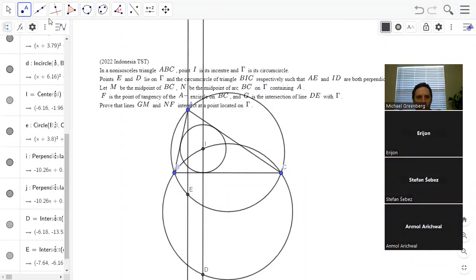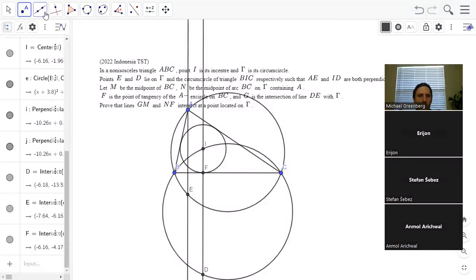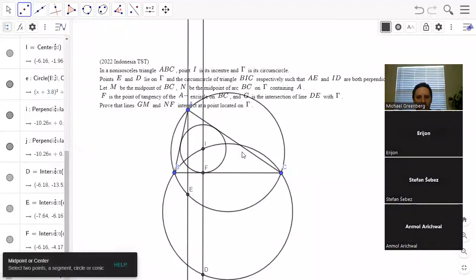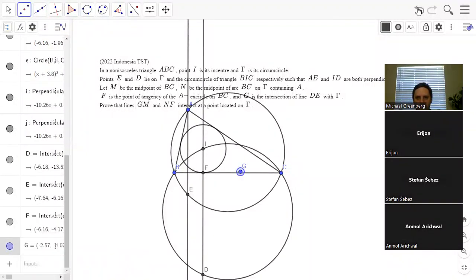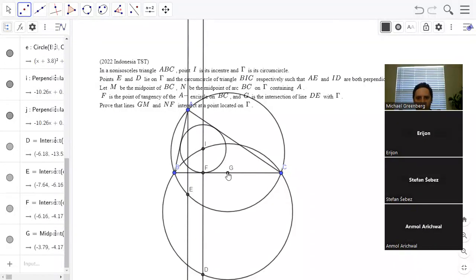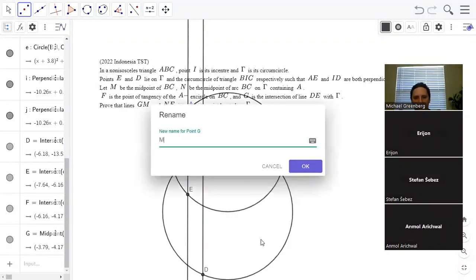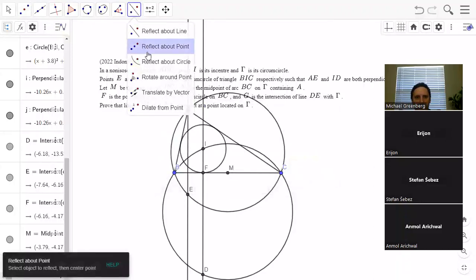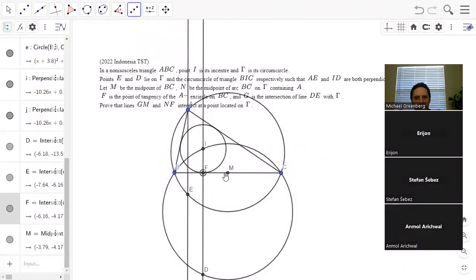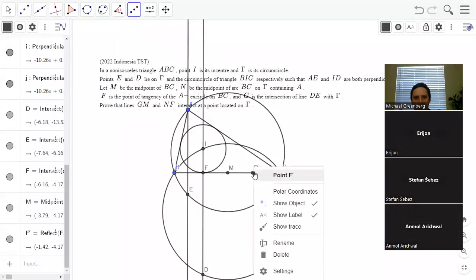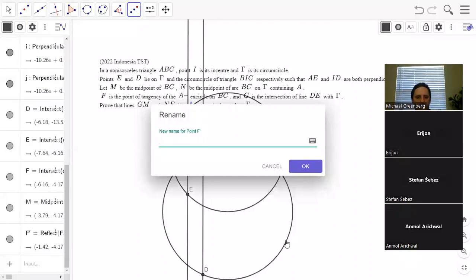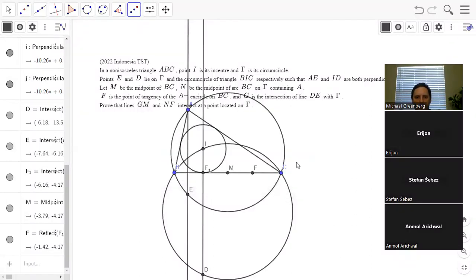And then if M is the midpoint of BC, we can just reflect F over M. So this is M and reflect, this is F. Oh, I gotta call this something else.